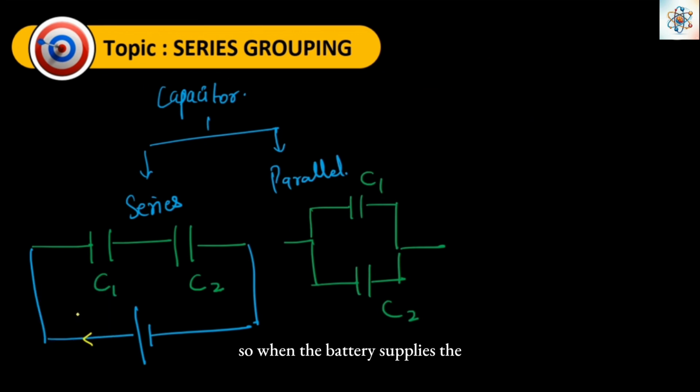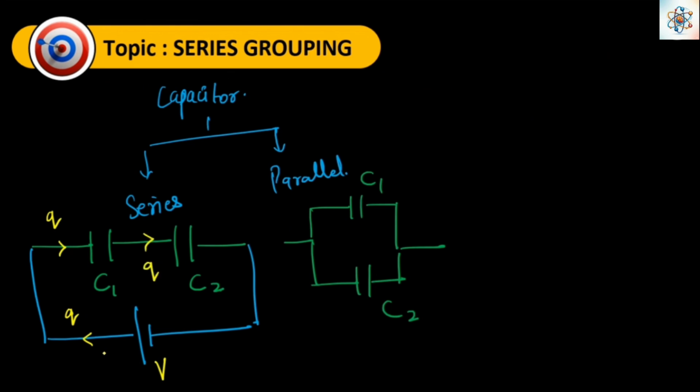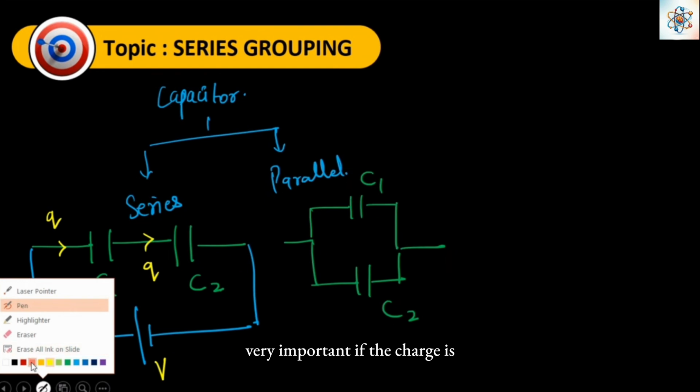So when the battery supplies the charge, that charge is something which is common for both the capacitors. Battery can't supply different charge for different capacitors, irrespective of their capacitance. So we can say if the charge is constant here, look at this thing, very important.